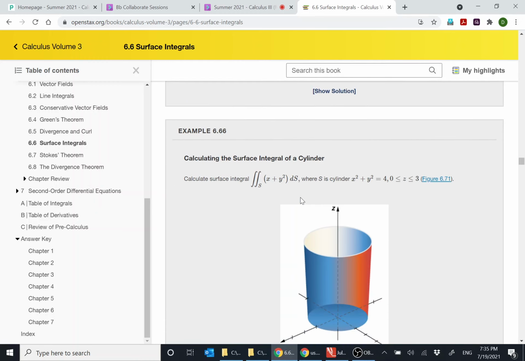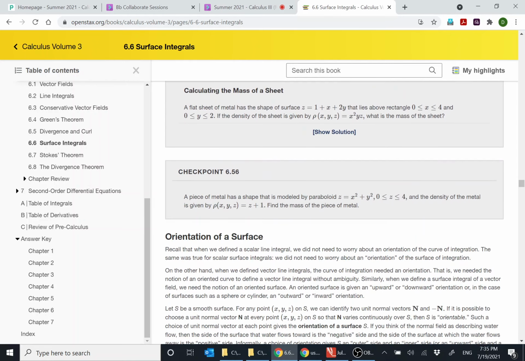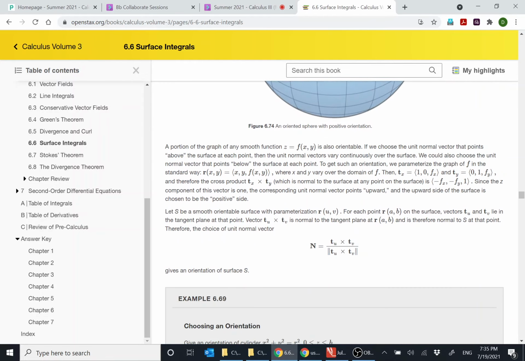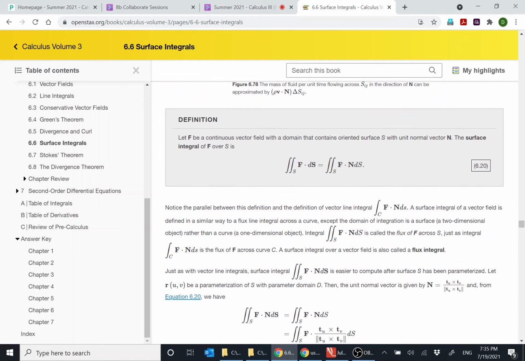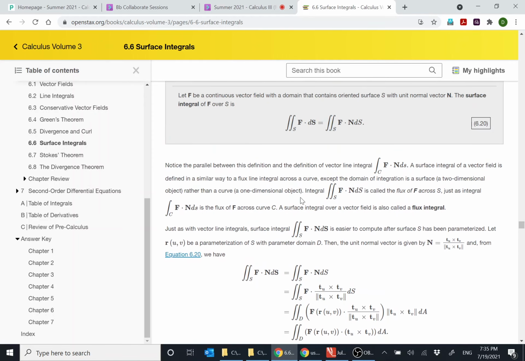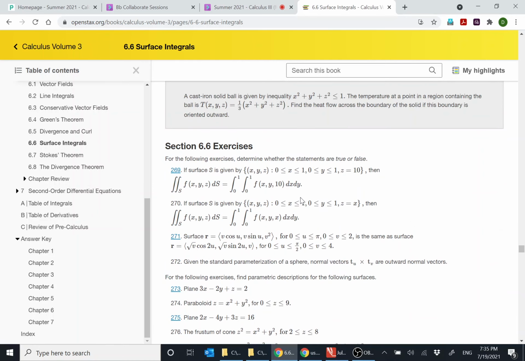But one topic that is missing, which we covered in the lecture, is parameterizing a surface. So writing a surface parametrically. So that's what the first few exercises in this section are.